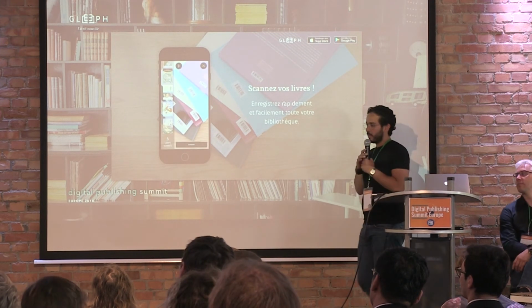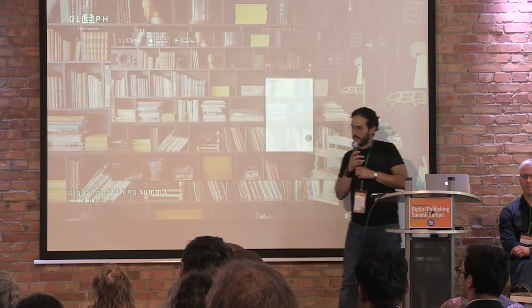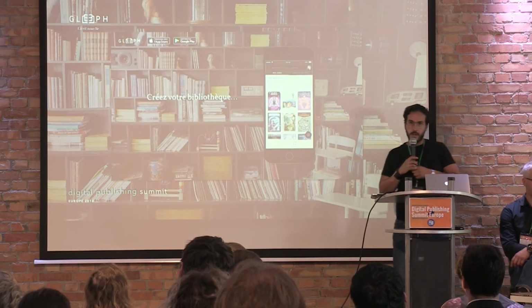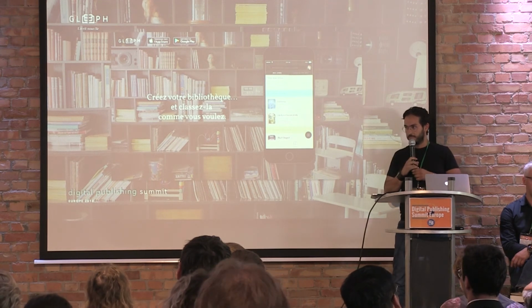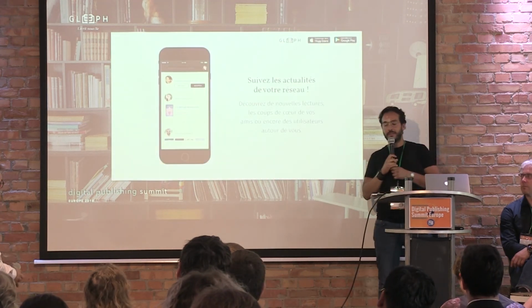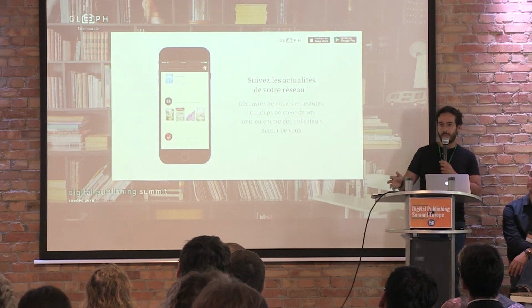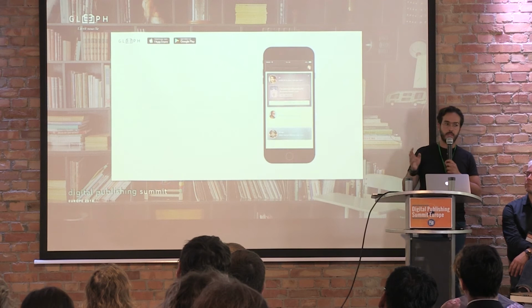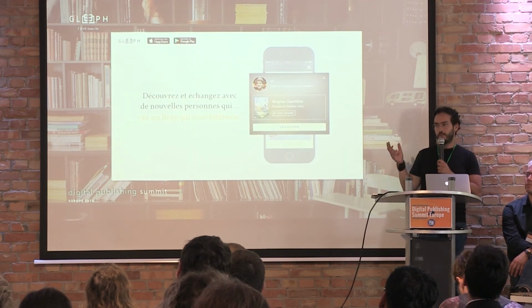When the library is purely private, there is no recommendation, there is no interruption, except if I read two books at the same time. Yes, we have a recommendation system based on other libraries, but we don't use personal data. We use a twin system to recommend books.